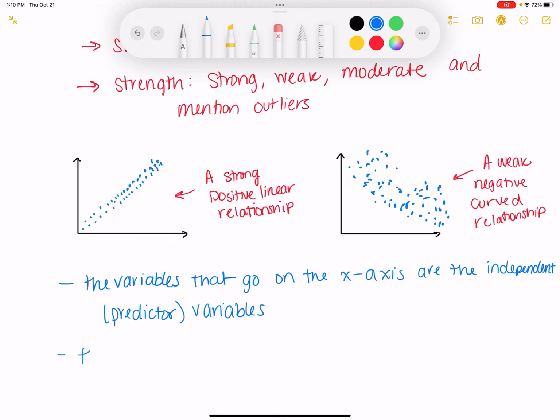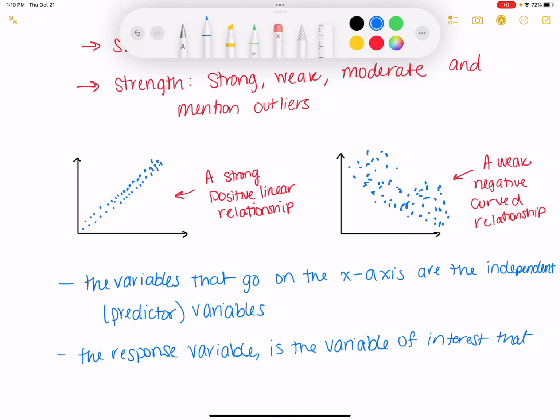The response variable is the variable of interest that goes on the y-axis. Okay, it changes based on the x. It depends on x.